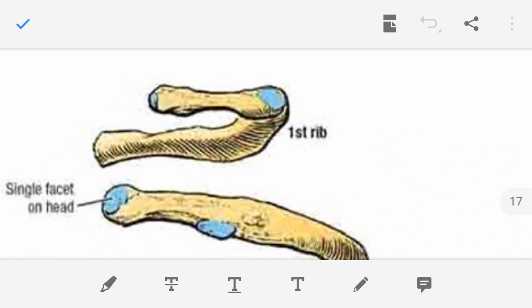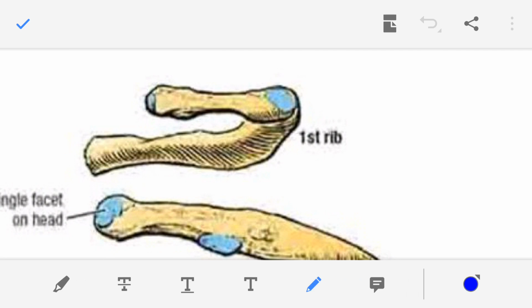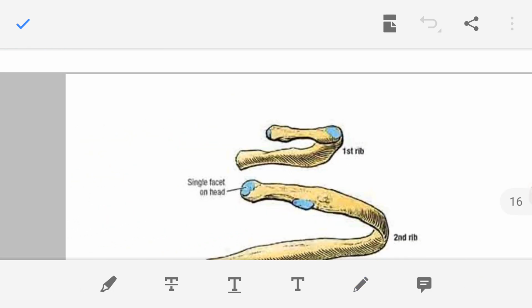Now I'm giving you this first rib. Now hold this first rib in your hand, and this is the head of the first rib, and we are going to fit this head into the body of the thoracic vertebra. That's it.